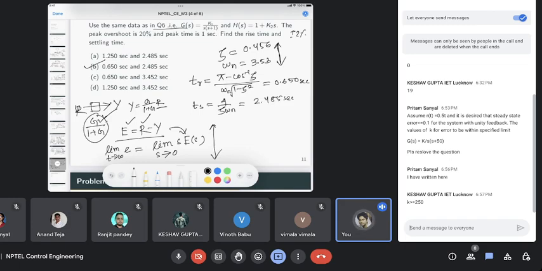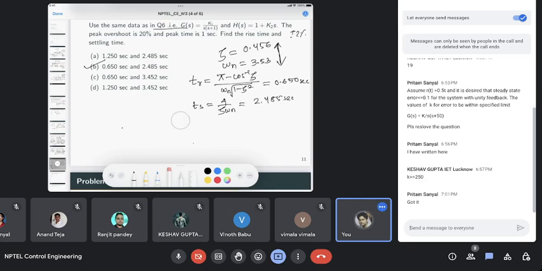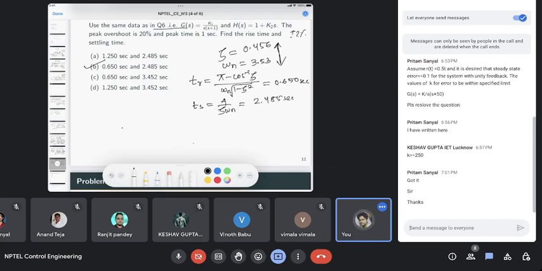The only difference here is the r value, whose Laplace transform will be 1 by s square, because you are given 0.5 t, as you written in the chat. So you only have to plug this in and find it. You try. If not, then we'll solve again. I'm leaving it for you to try and see whether you can find it. I just gave you a hint. Is it clear? Yeah. So try it.